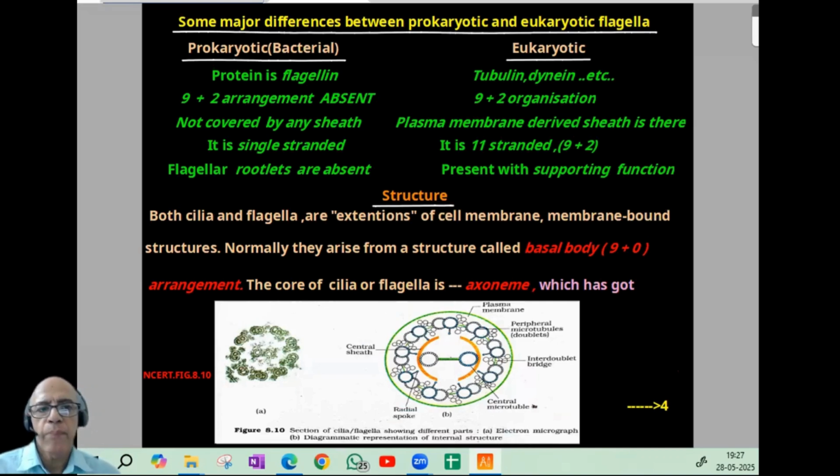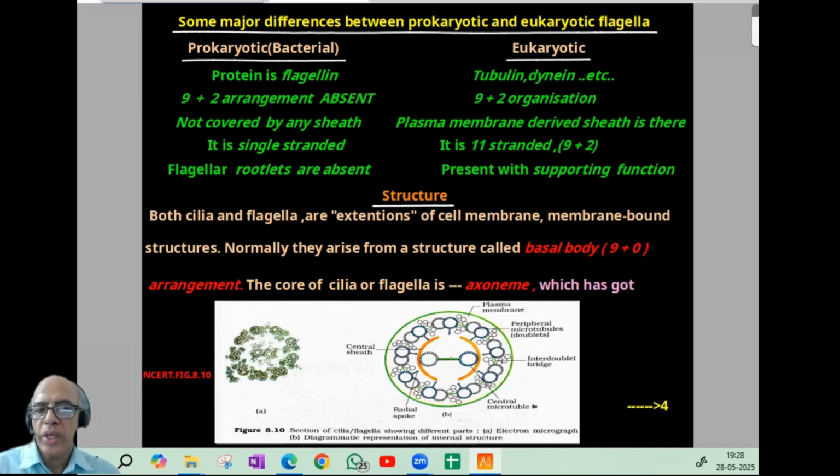In prokaryotic flagella the 9+2 arrangement is absent, while in the other case there is 9+2 organization. Prokaryotic flagella are not covered by any sheath, while in eukaryotes a plasma membrane derived sheath is there. Prokaryotic flagella are single-stranded, on the other side 11-stranded: prokaryotic it is single, eukaryotic it is 11-stranded, 9+2.